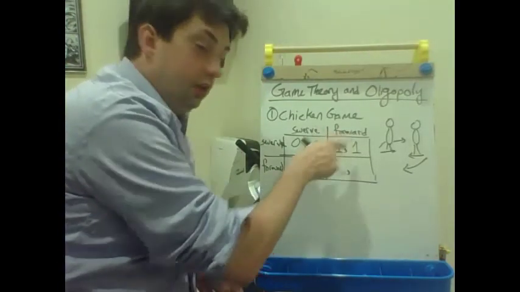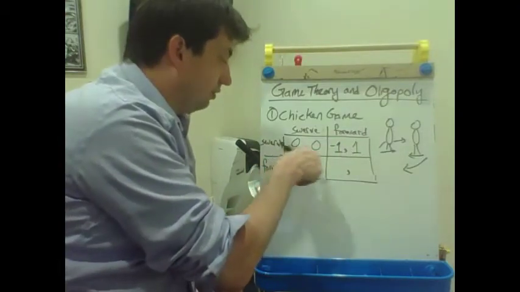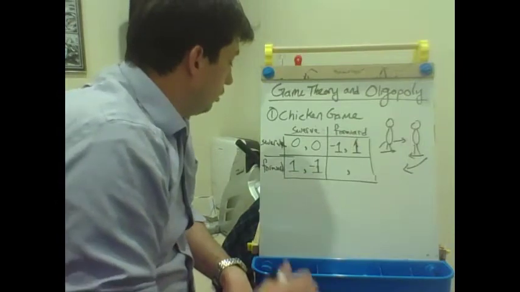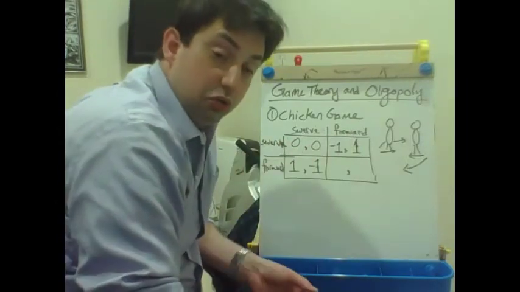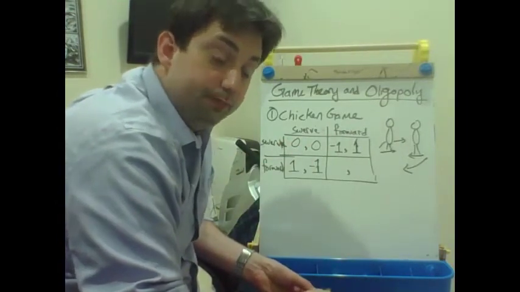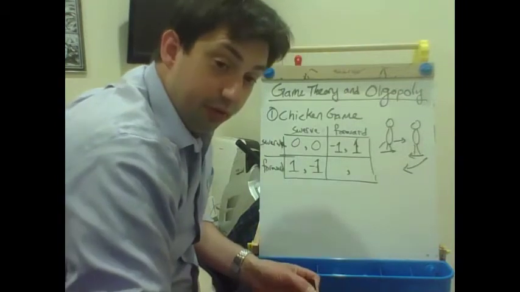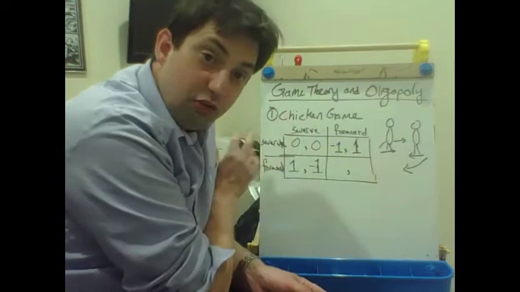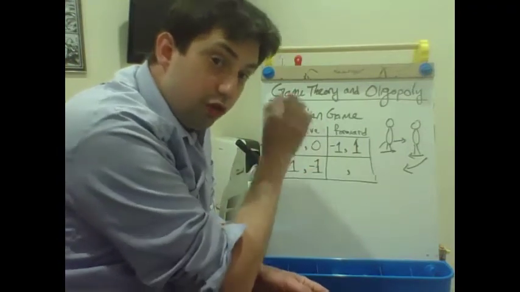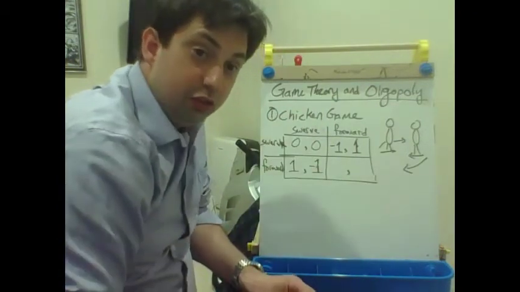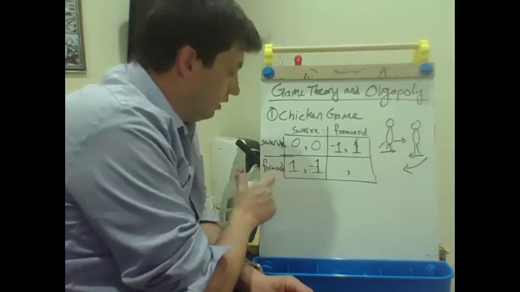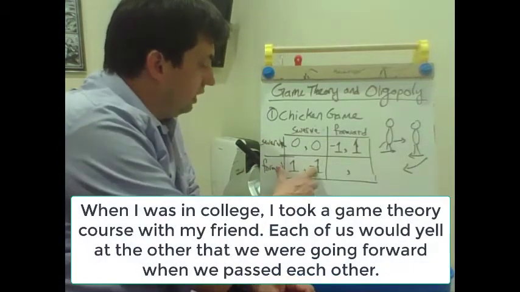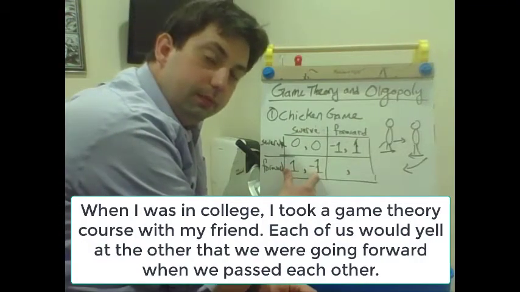Now, this one is just like this one, except reverse. You also note I'm not color coding that like I did in the last video, because I want you to get practice on making sure you know which one is for player 1 and which one is for player 2. In this case, this is for player 1, they went forward, the other person swerved, and this payoff is for player 2.